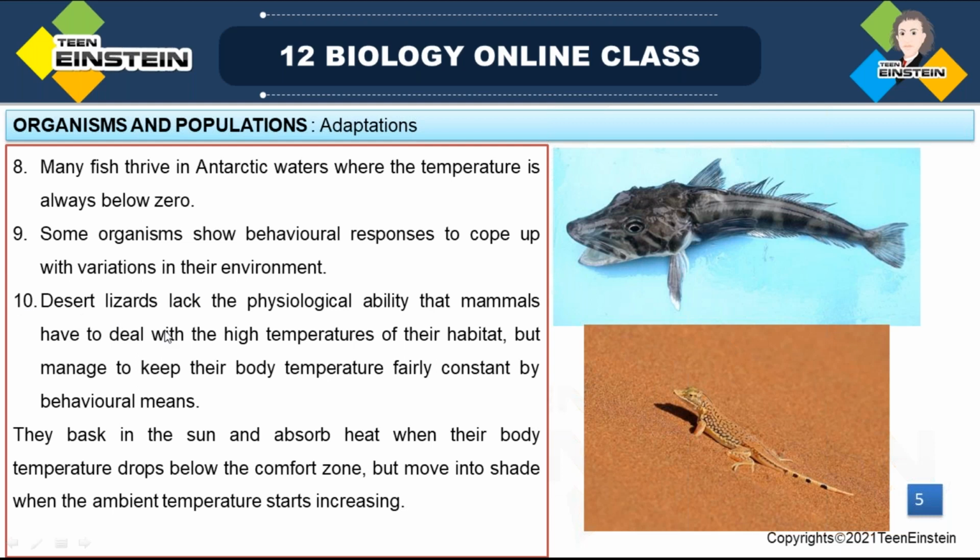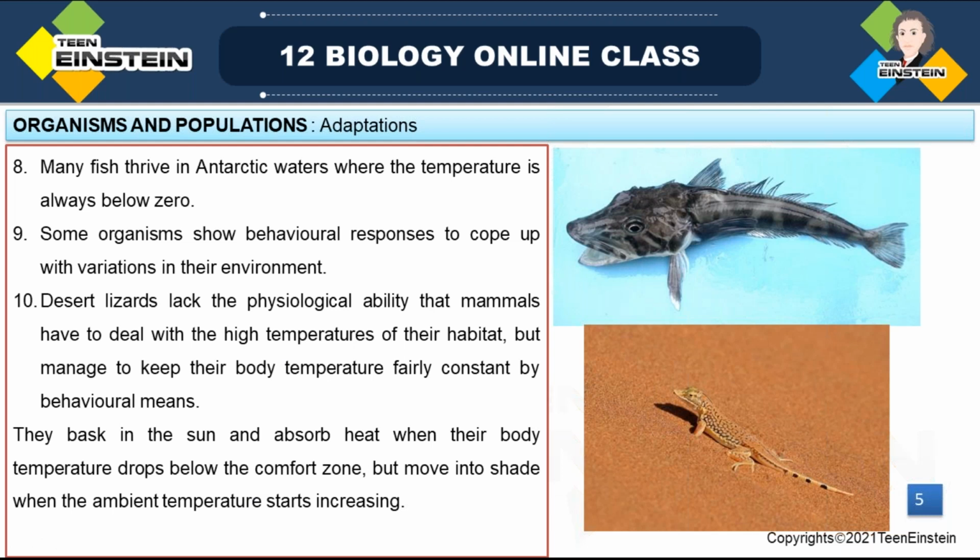Then the next example is the desert lizard. Some other organisms like the desert lizard lack that physiological ability to adjust with the extreme temperature. Here you can see the desert lizard. They cannot adjust with the extreme temperature, but how are they managing?